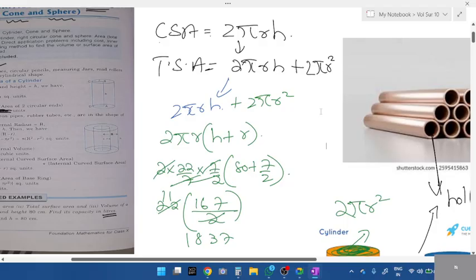Is it clear, students? All of you understood? Next, volume. Tell me, what is volume?